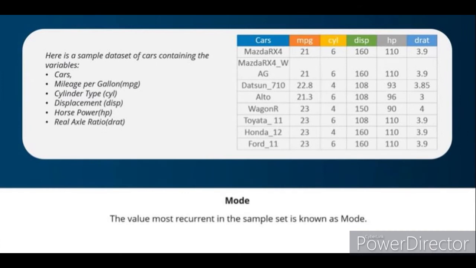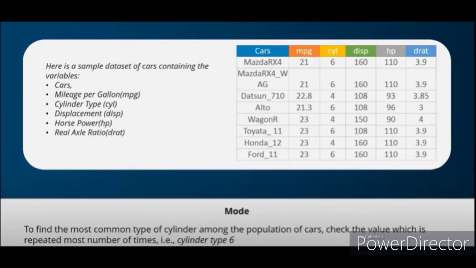Alright, lastly, let's look at mode. And what is mode? The value that is most recurrent in the sample set is known as the mode. Basically, the value that occurs most often. Let's find the more common type of cylinder among the population. All we have to do is check the value which is repeated the most number of times. The cylinders come in two types. We have cylinder of type 4 and cylinder of type 6. Take a look at the data set.